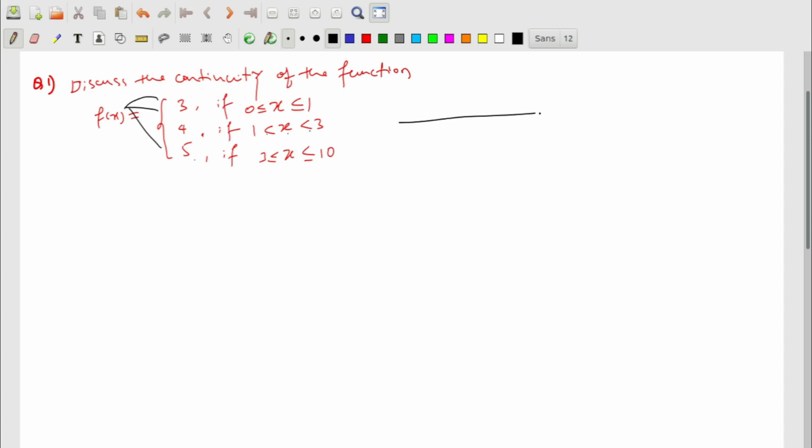So now if I put a number line here, let me take 0, and then 1, and then 3, and then 10, right? First let's get the regions here. So for x greater than or equal to 0 and less than or equal to 1, for this input, the value of the function is 3.